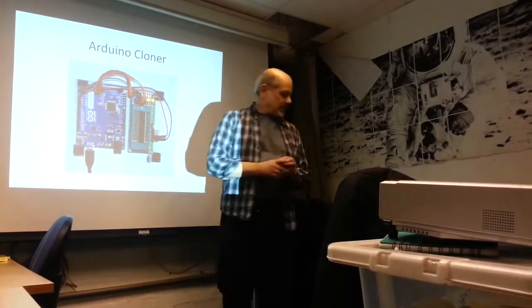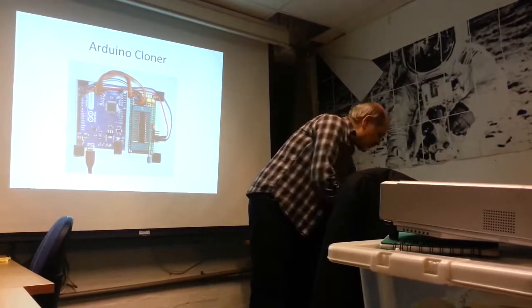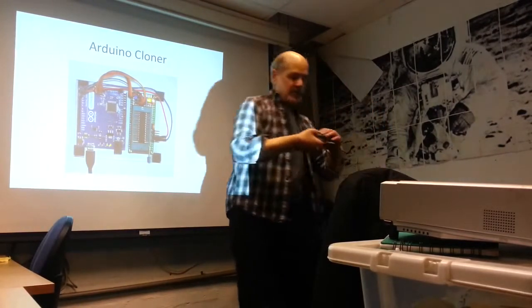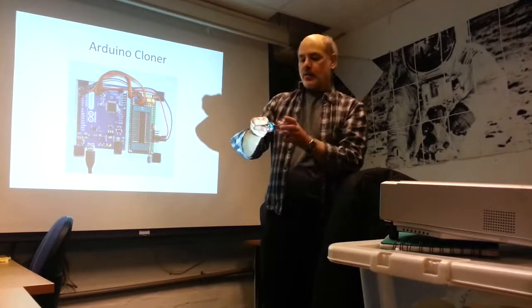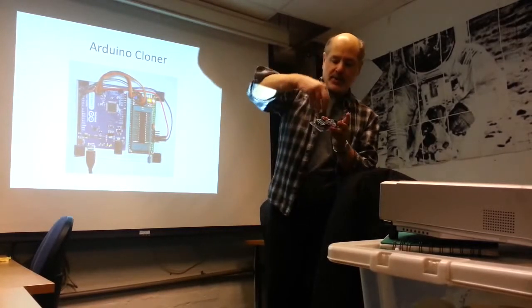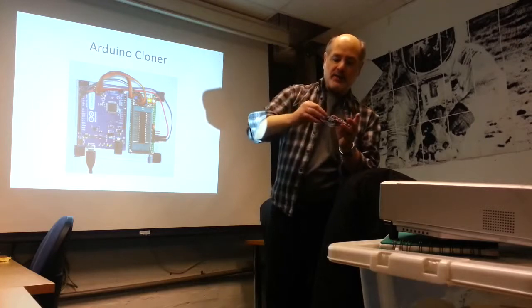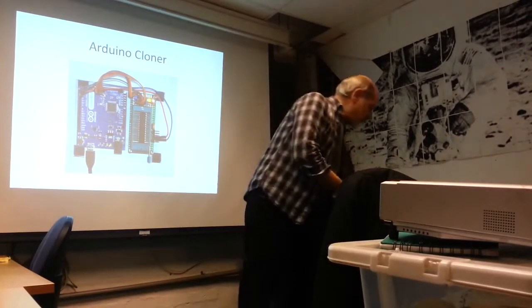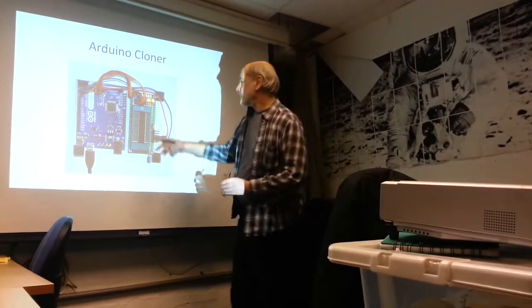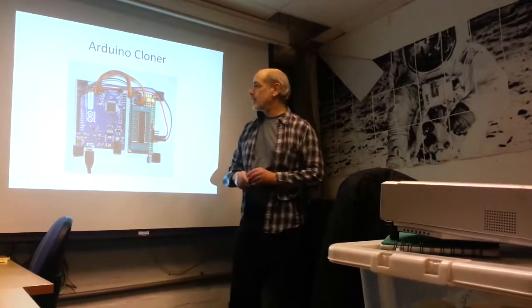And then it has a zero insertion force socket, which is a special socket with a lever on it, which enables the chip to be much more easily connected and disconnected than if you try to plug it into a standard socket. And this Arduino can then program this chip.